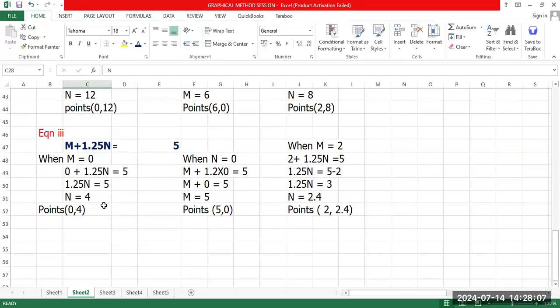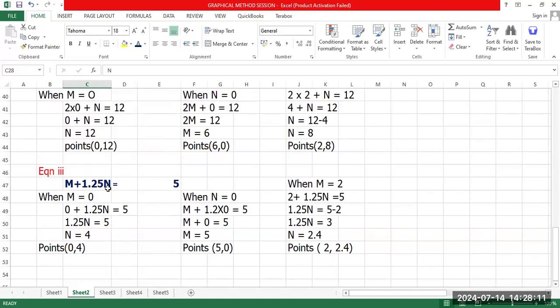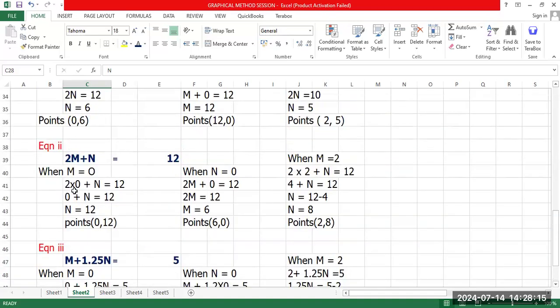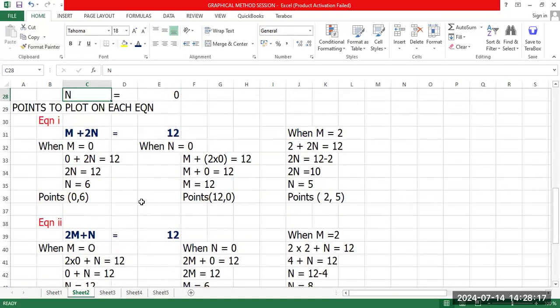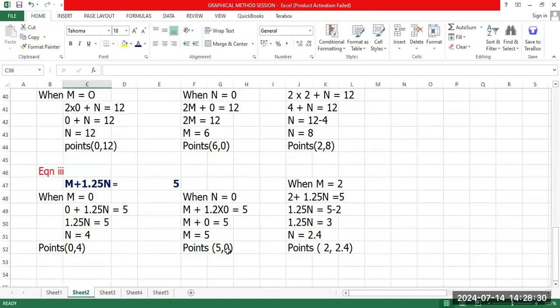Put a vertical axis, put a horizontal axis, look for the scale. All those figures, you must be getting them on the horizontal axis.